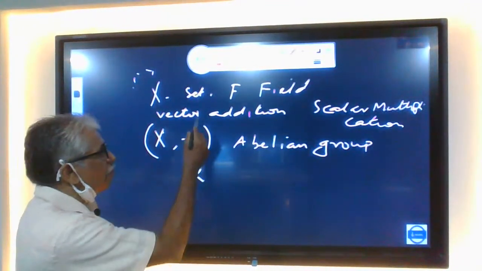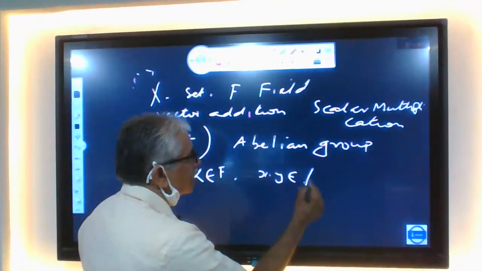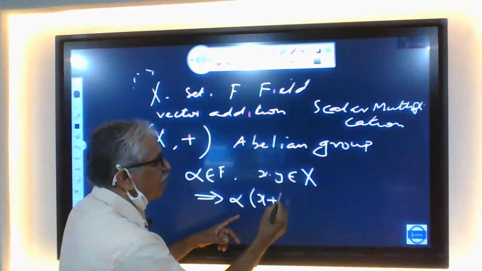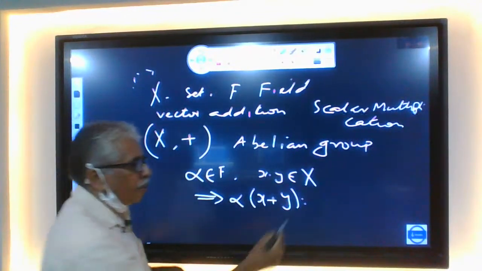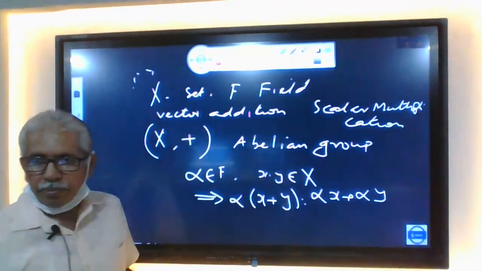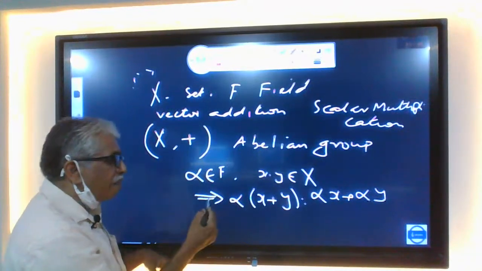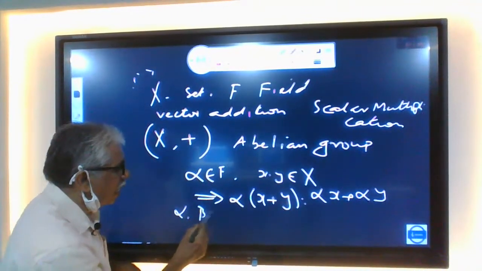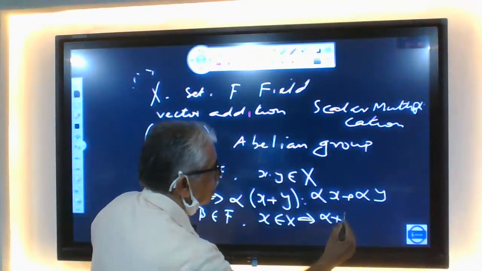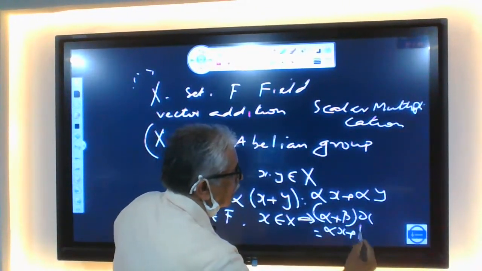If alpha is an element of F, and x, y are elements of X, then alpha times the sum x plus y equals alpha x plus alpha y. And if alpha, beta are elements of F and x is an element of X, then alpha plus beta times x equals alpha x plus beta x.